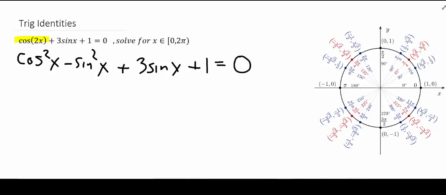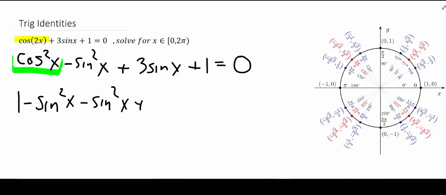So now I have things in terms of cosine and sines. I want to get rid of cosine so that everything's just in terms of sine. One of the equations that I know is that cosine squared plus sine squared equals 1. So that means cosine squared x is 1 minus sine squared x. Substituting that in, equals 0.